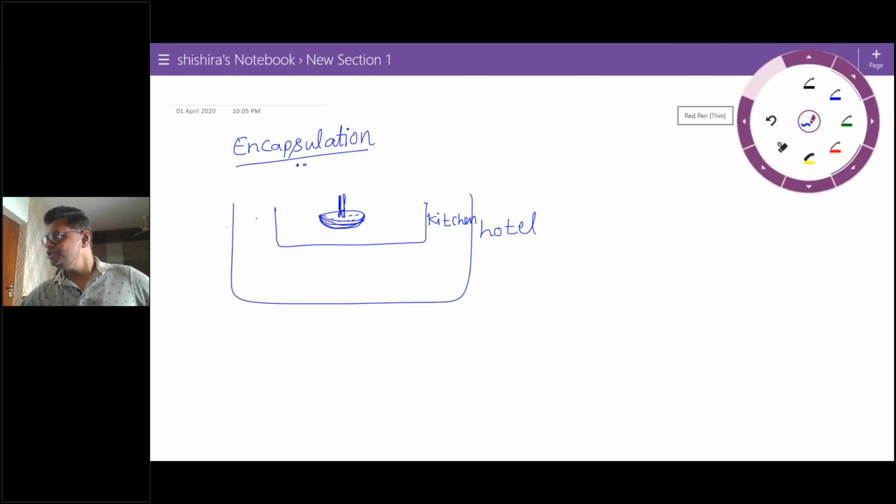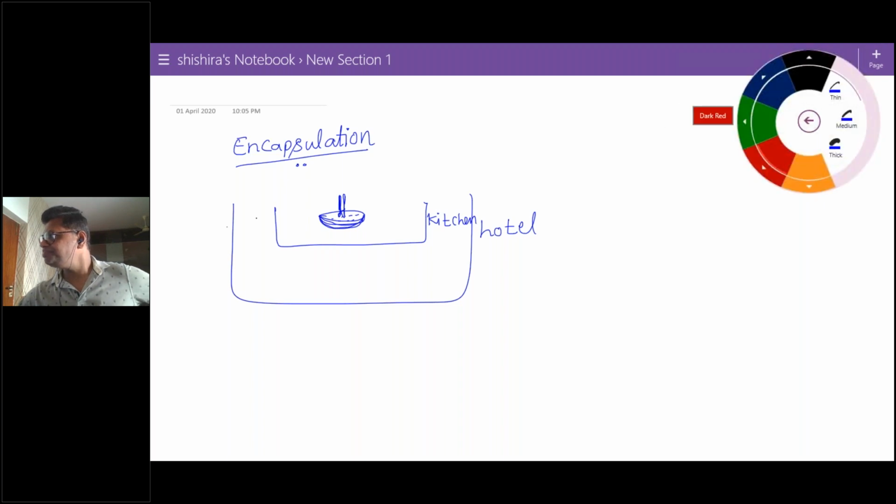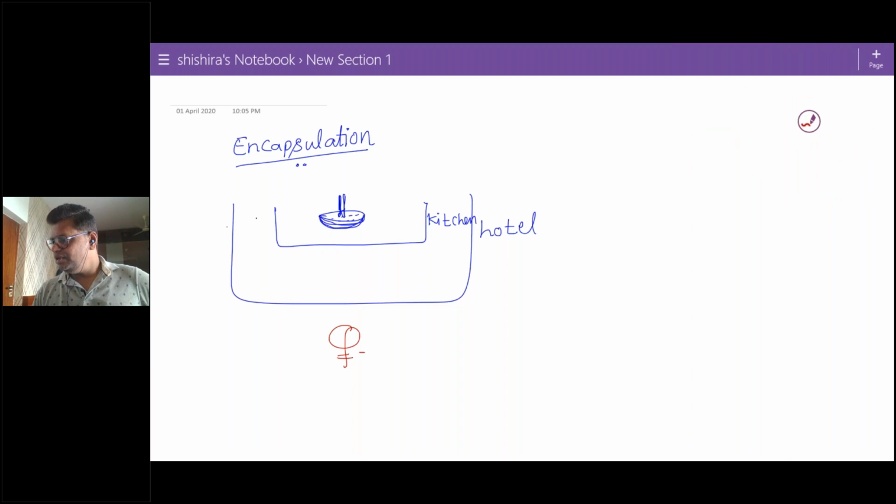All right. So when we take this food, you as a customer, can you directly go and access this food directly? Definitely not. Think about it, okay? Seriously think about it. Can you go to the kitchen of the hotel and start eating the food because it is meant for the public?